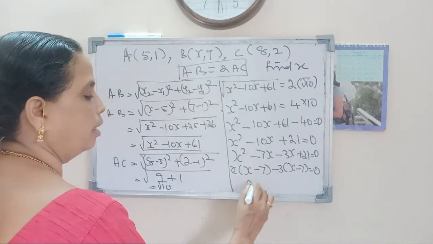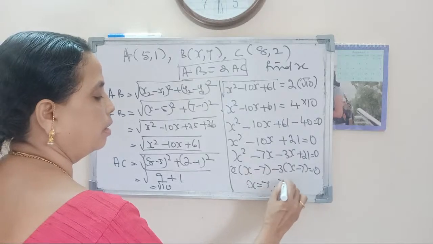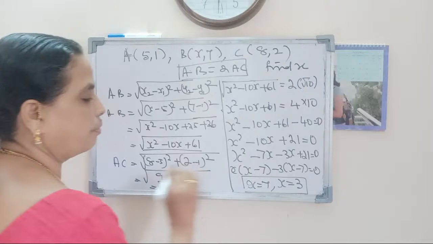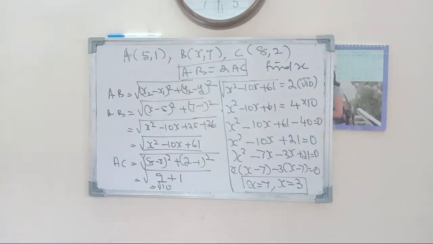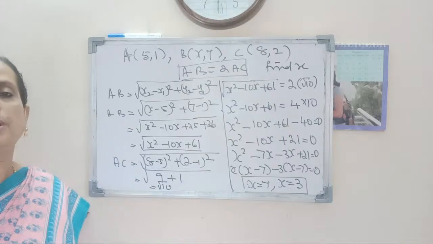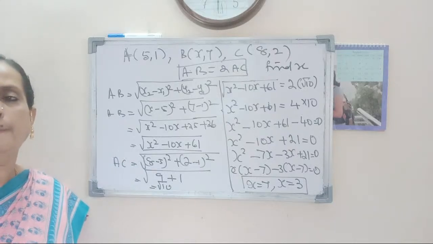You will get x equals 7, x equals 3. Both will satisfy the condition, that is distance AB is 2 times distance AC.